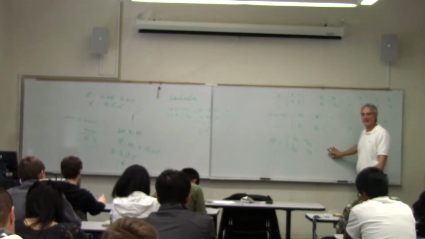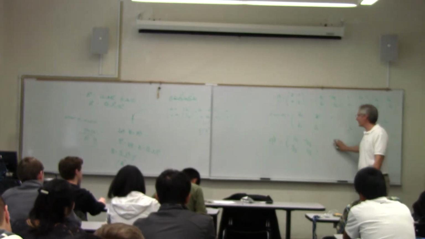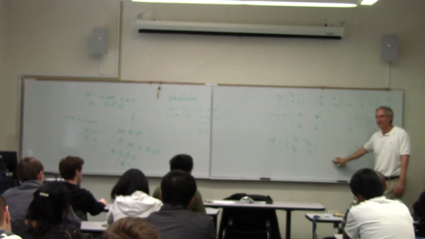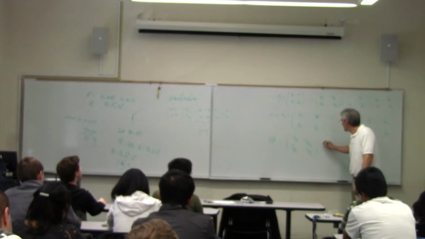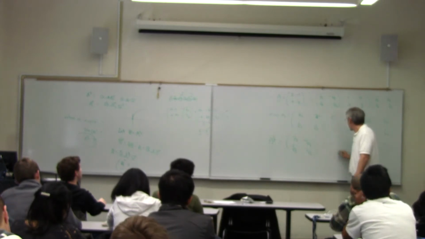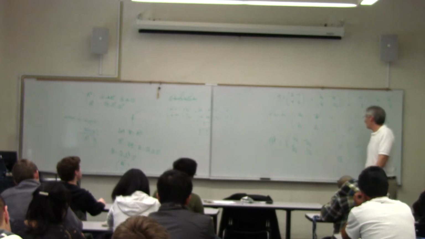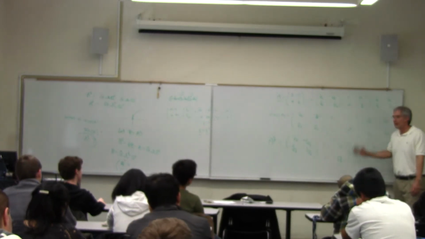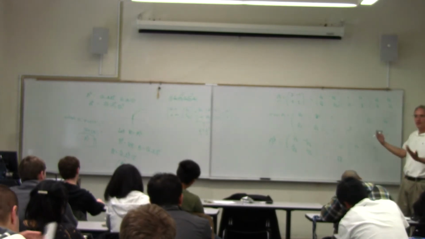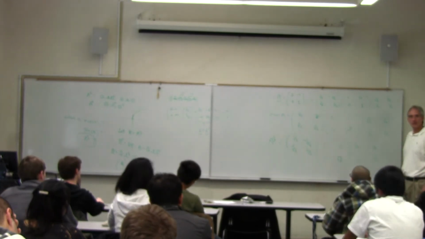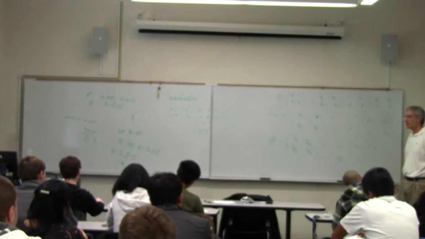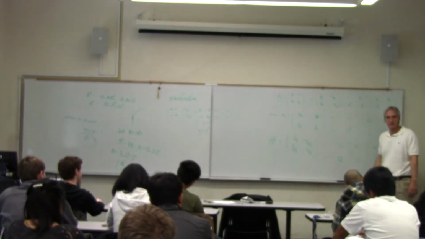Volunteers. What goes in the middle for A to the 1/2 power? Root 1, root 3. Okay, so the square root of 1 is 1, the square root of 3 is the square root of 3. So when you multiply these three matrices out, that gives you the square root of the matrix A. And that matrix, when multiplied by itself, will give you A back.